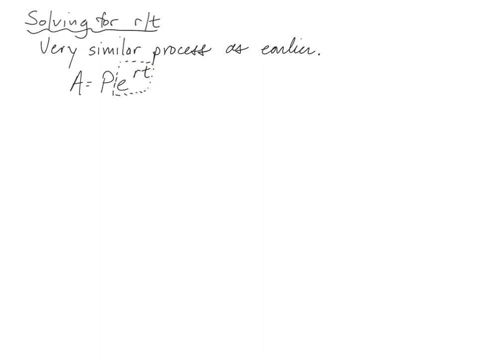And in order to be successful in getting the variable out of the exponent, we will first have to do what we did over there in the previous example. We're always going to have to divide by P first. So there we go. That leaves us with A over P equals e to the RT power.